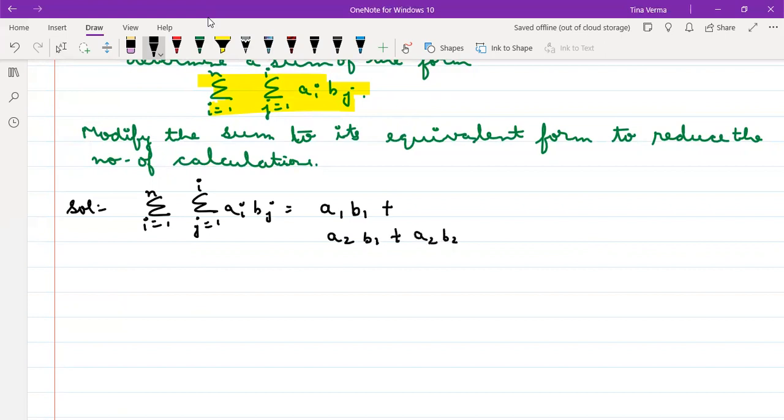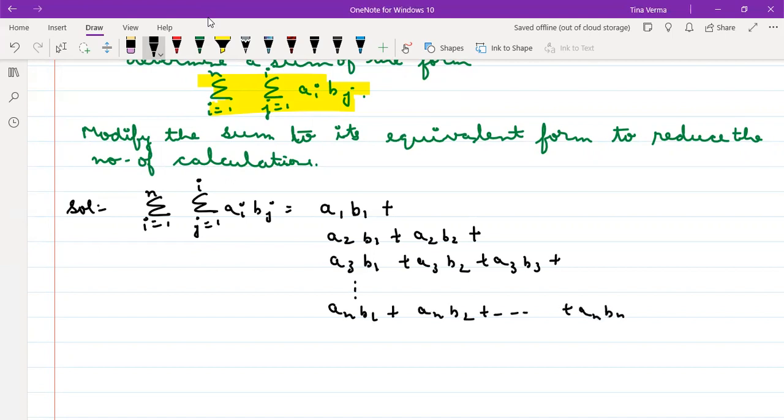If you fix n equal to 3, you have these terms plus a3 b1 plus a3 b2 plus a3 b3, and so on. If you continue it for n times, you will have an b1 plus an b2, and so on, up to an bn.